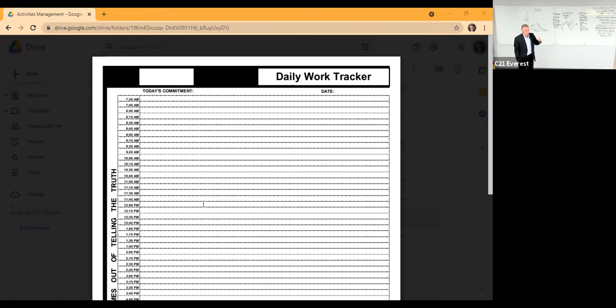But where I learned this actually was I had a guy that was trying to help me learn how to be more effective with my time. And what he had told me is, he said, I want you to keep track throughout the day of all of your activities that you do. Thus the name of this class, Activities Management. And he said, what you're going to do is every 15 minutes.